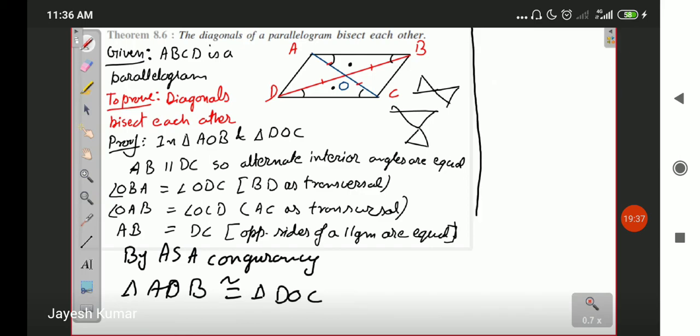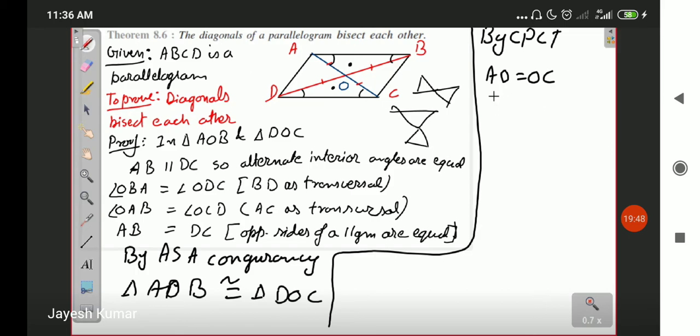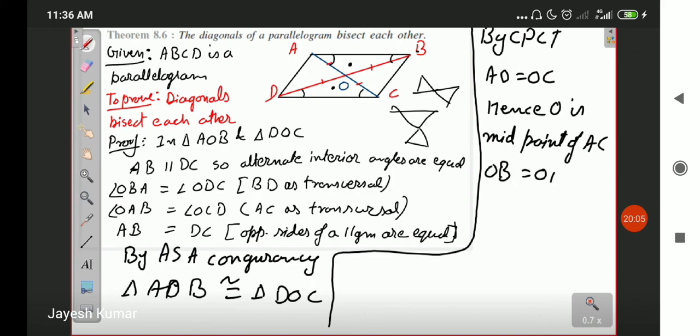Once you have both of these triangles as congruent, you can say by CPCT, first of all, AO length and OC length are equal, hence O is the midpoint of AC, and secondly, OB length and OD length are equal.